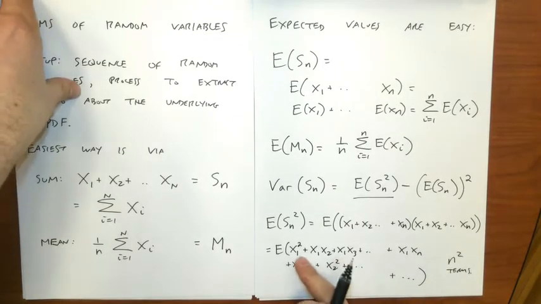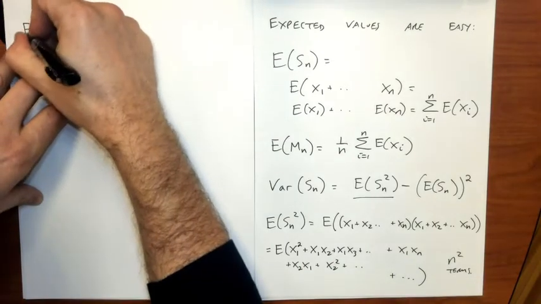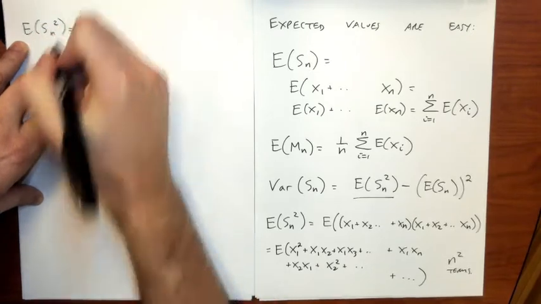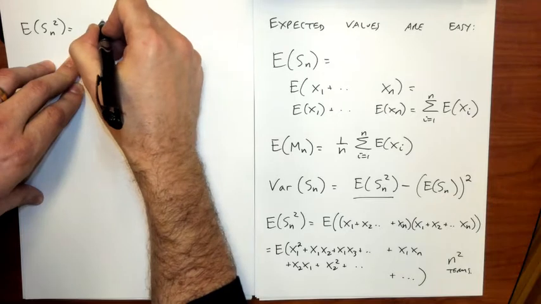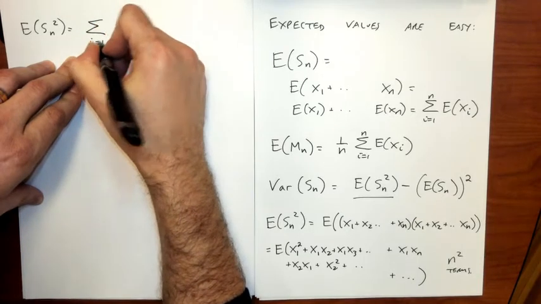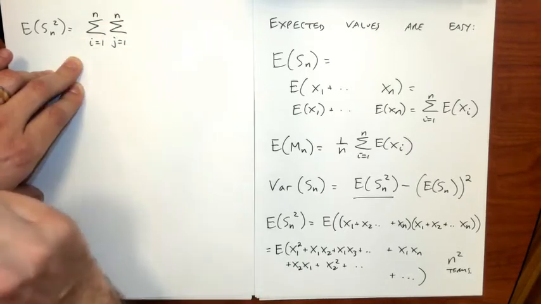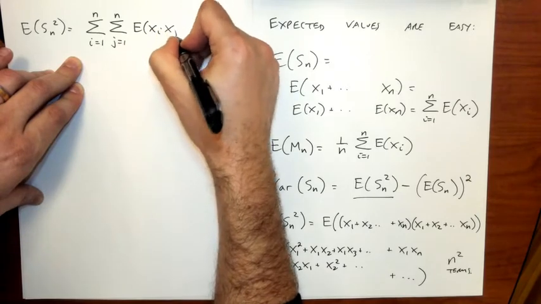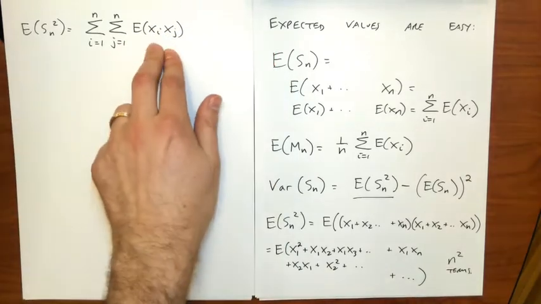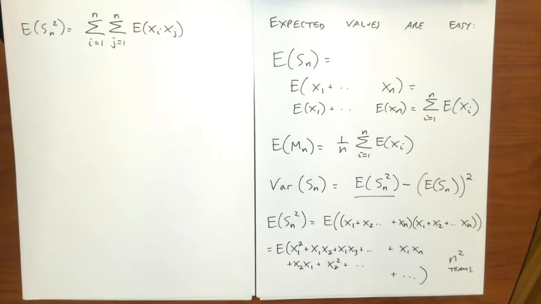If I bring the expected value through, then the expected value of the sum squared is a sum over i equals 1 to n, j equals 1 to n of the expected value of xi xj, right? For every pair of random variables, I have one of those pairs inside this big sum, and there are n squared of those terms.